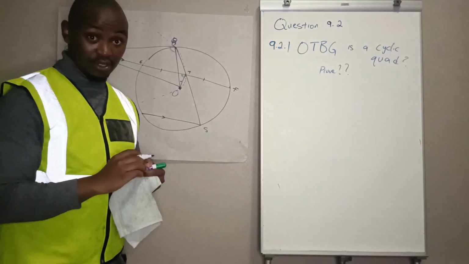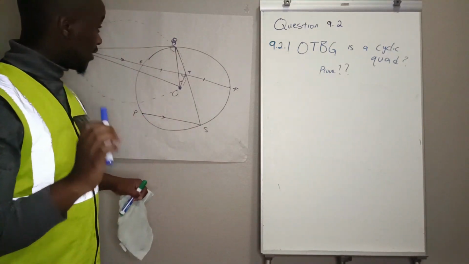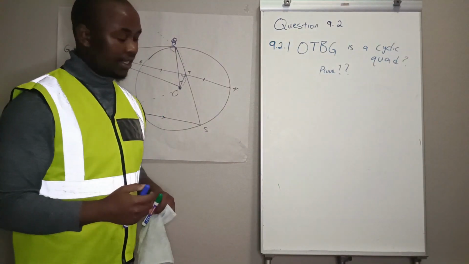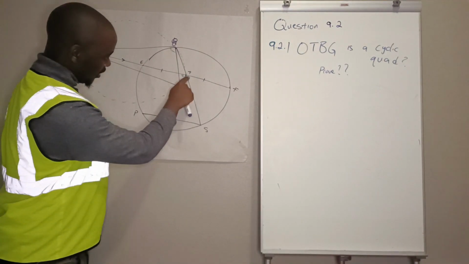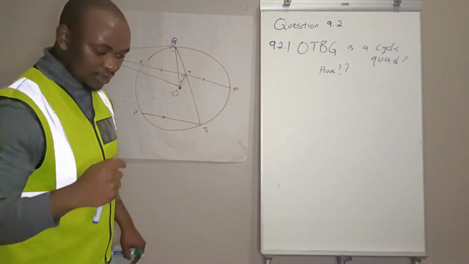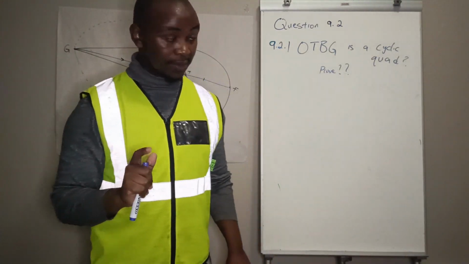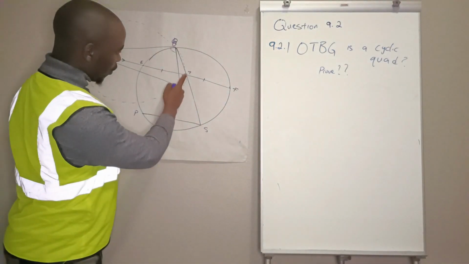For you to prove that, you need to remember some other questions, some other theorems. And like I said to you, we are already given a leeway in that we are told that this line OT bisects EF. So as soon as you're given such a fact, know that you are supposed to use it at some point. So EF is bisected by OT.